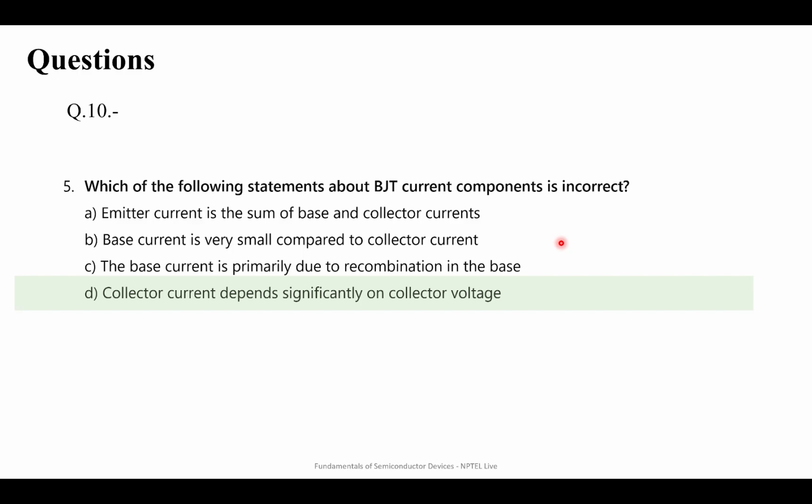Since it's lightly doped, it has a significant depletion region, and there recombination is happening, which is the source of base current. So the wrong answer is that collector current depends significantly on collector voltage. If you see the IV characteristics, in the active region your collector current is constant. It's independent of your collector voltage. It is only dependent on your base current.